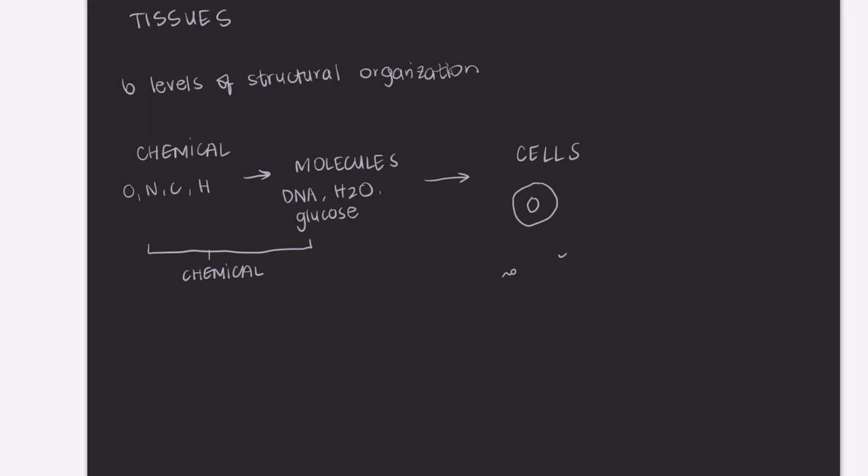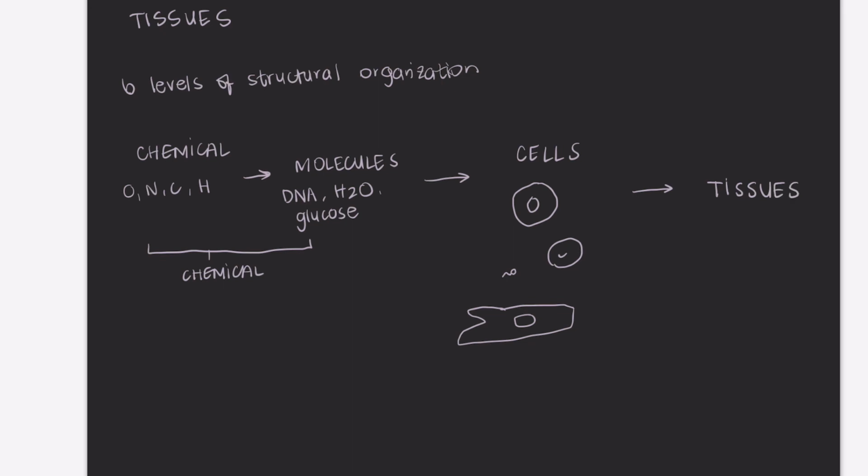Maybe you have a red blood cell. Maybe you have a cardiac muscle cell. So cells look different. And then cells of the same type, many of them put together, are going to form our tissues.